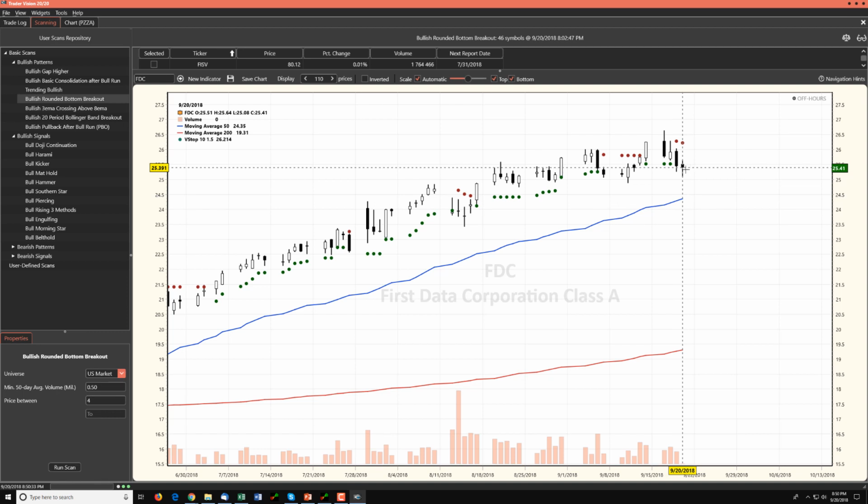To me, this spinning top doji type candle can either be a continuation of a doji continuation to the downside, or it can be the start of a morning star. So I would see how it opened. If it opened to the downside or didn't immediately move up, I would consider locking in my profits.